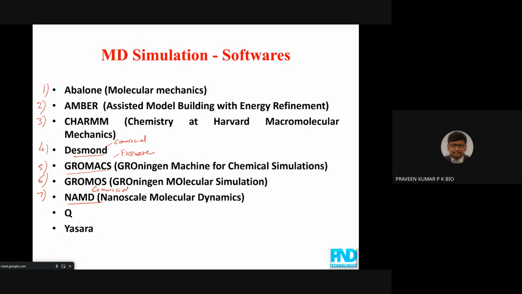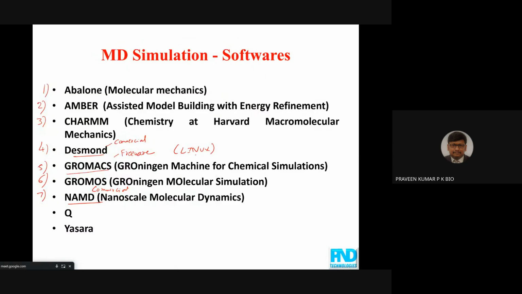But still we have some disadvantage here. Whatever Gromacs we have to work, we can work only in the Linux operating system. For the past 5 years, even in Windows, they brought a kind of Linux interface, and in Windows we can type the Linux commands through that interface software and run the simulation.